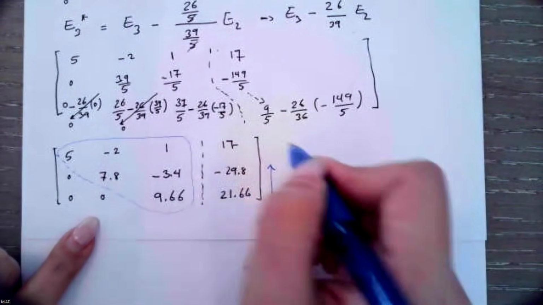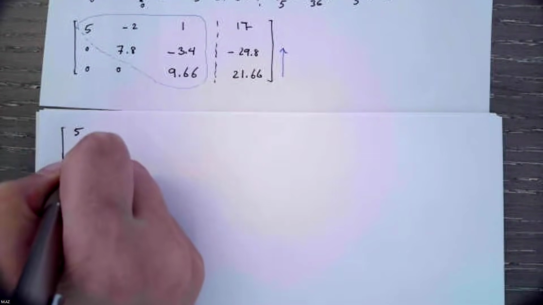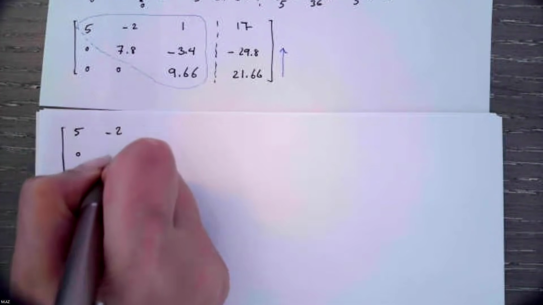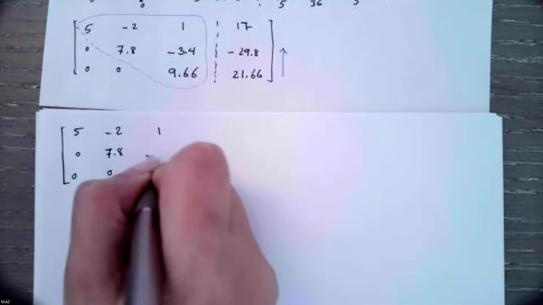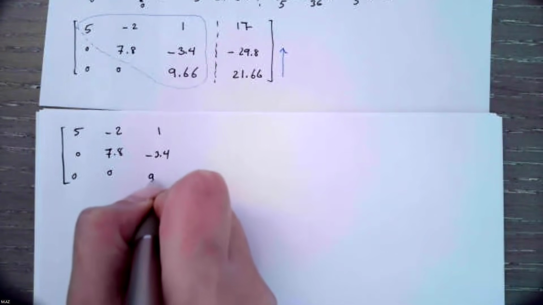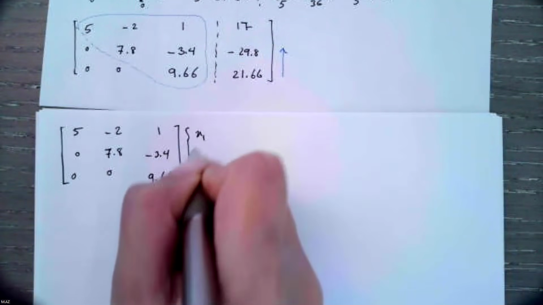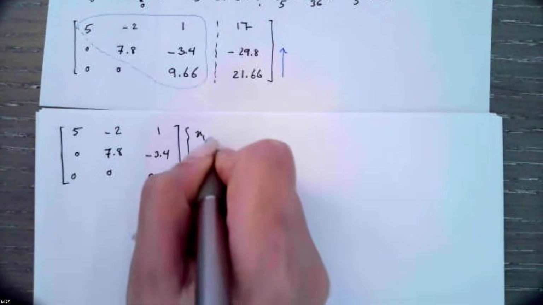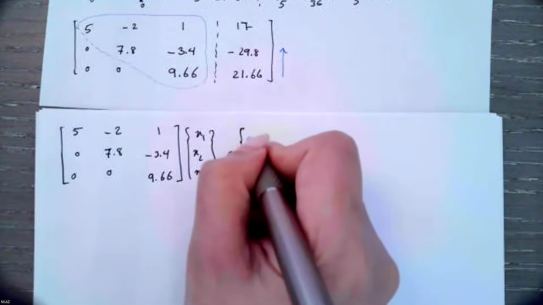If I write the variables here, this is x1, x2, x3, and this is the right-hand side.